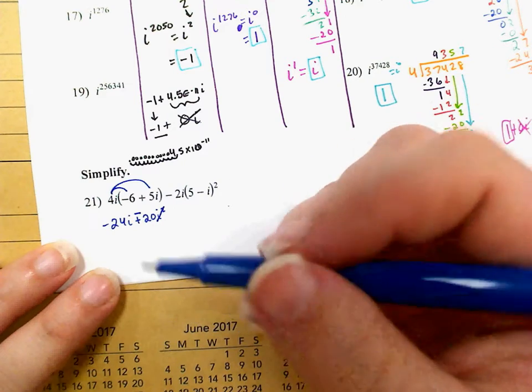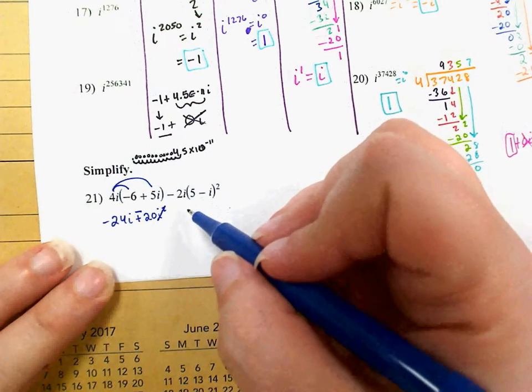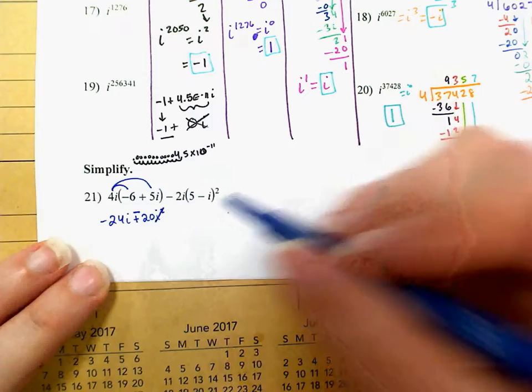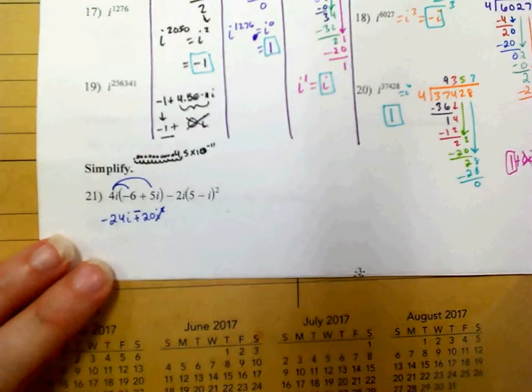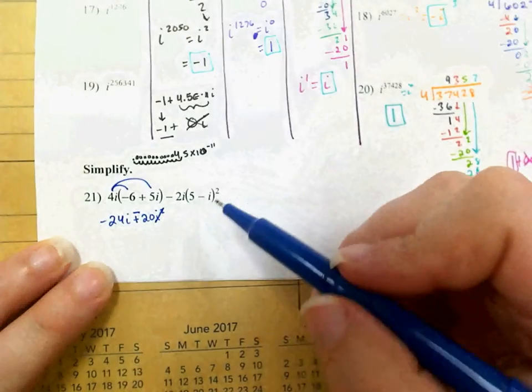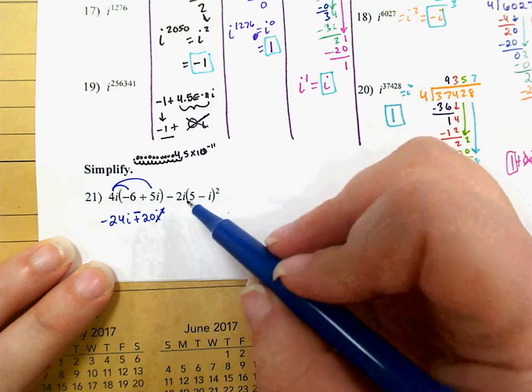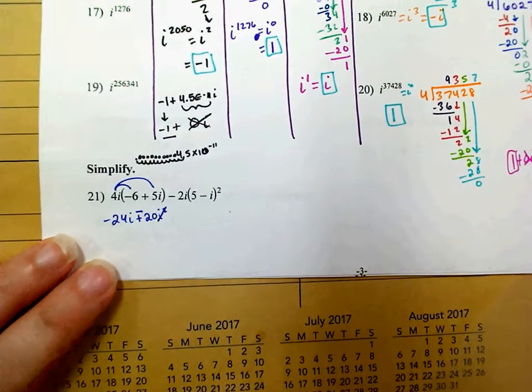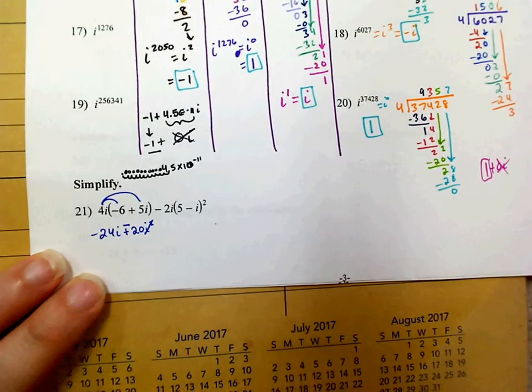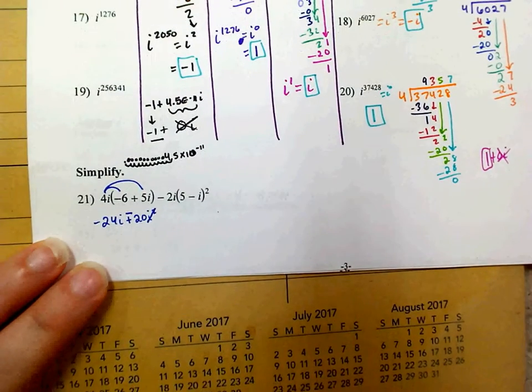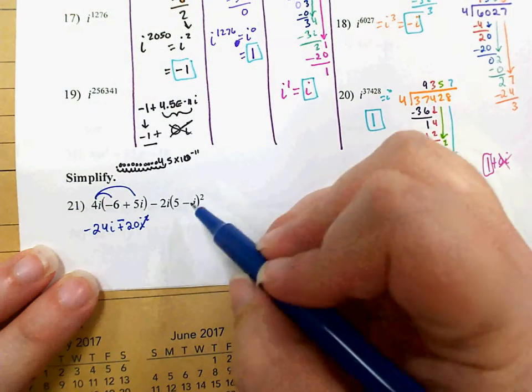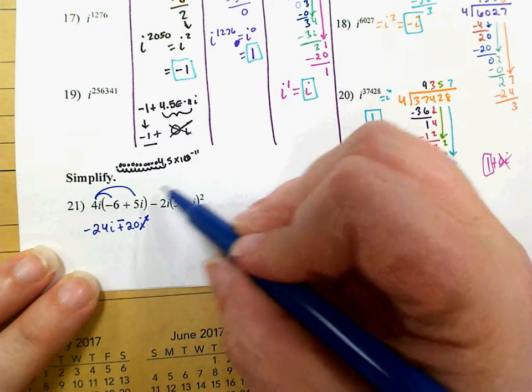Okay? Now, what a lot of people are tempted to do right here is to distribute the 2i. But you have to remember that when you're multiplying a constant or a coefficient, a scalar, whatever you want to say, times something that's being raised to a power, you cannot distribute inside that.